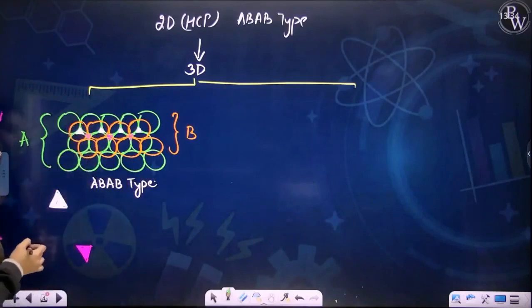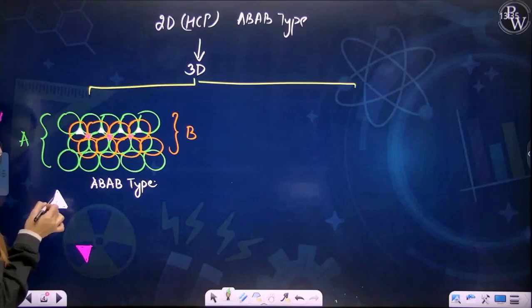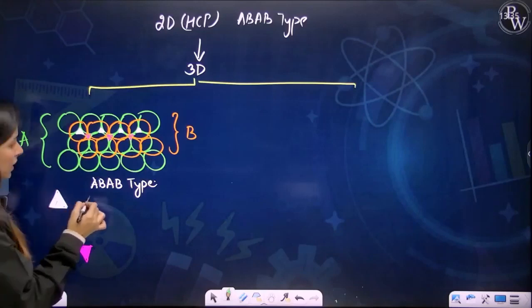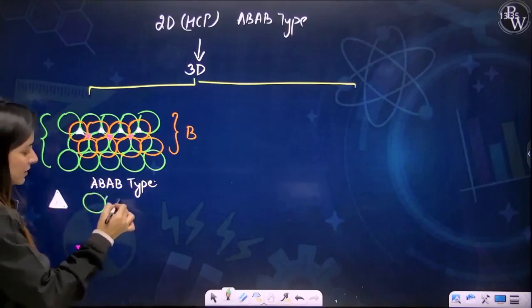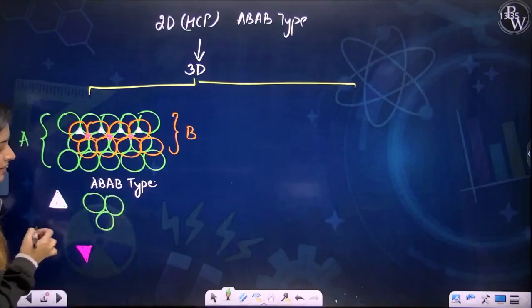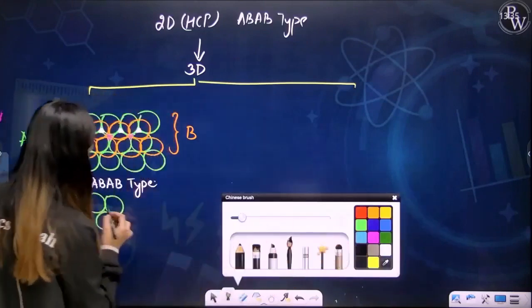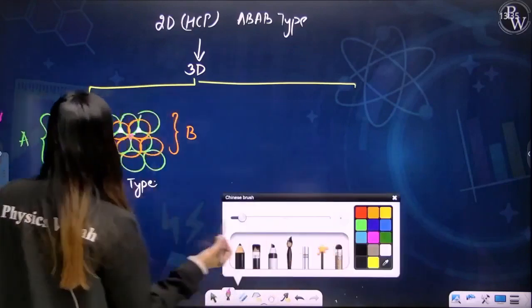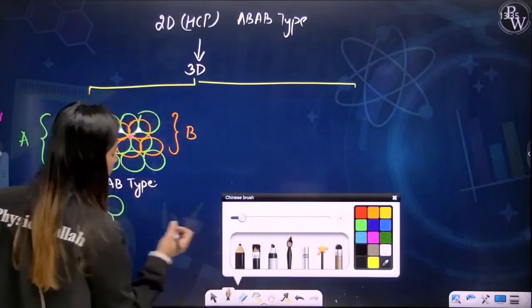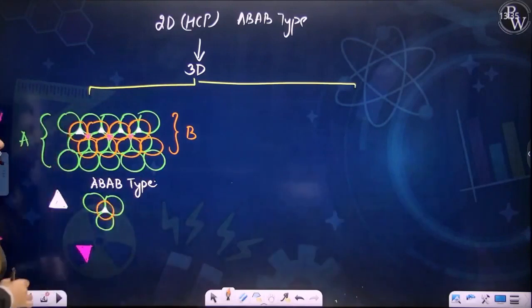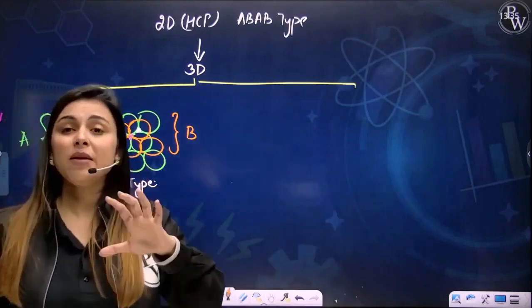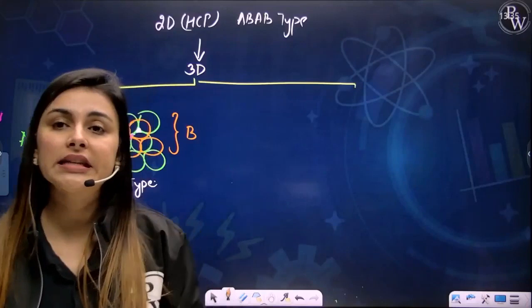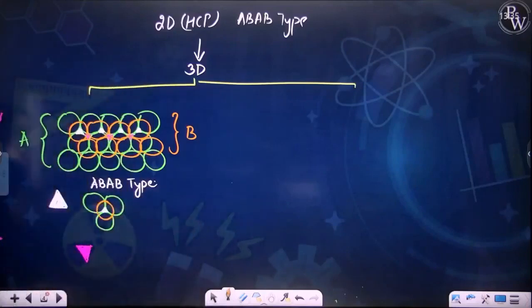Now, my dear students, I want you to tell me, if you see this white void, can you say that this white void is made because it had 3 atoms like this, and a void was formed like this, and then a second layer, a B layer atom, covered it like this? Can you tell me which type of void this is, my dear students?